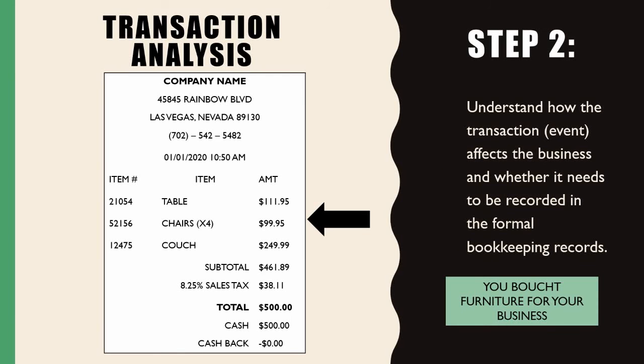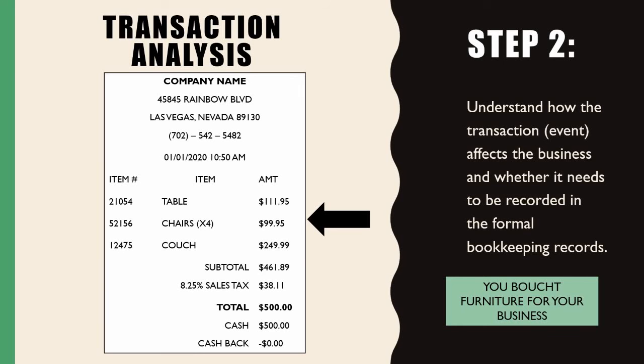Step 2 is we're going to now understand the transaction and analyze it. So what does that mean? This is where we're going to take that whole who, what, where, when, why, and analyze it. Who did we purchase from? What did I buy?